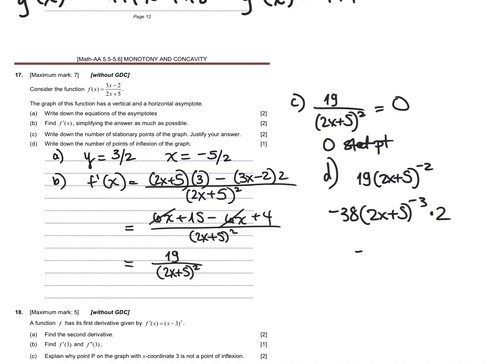So you're going to have negative 76 over 2x plus 5 to the third power. That's the second derivative. We set that equal to 0. When you cross multiply, again, negative 76 isn't 0. Inflection points happen when the second derivative is equal to 0, which is never happening. So no points of inflection.